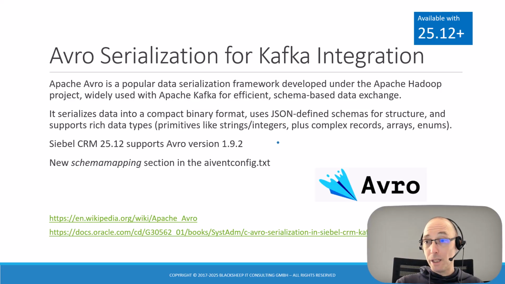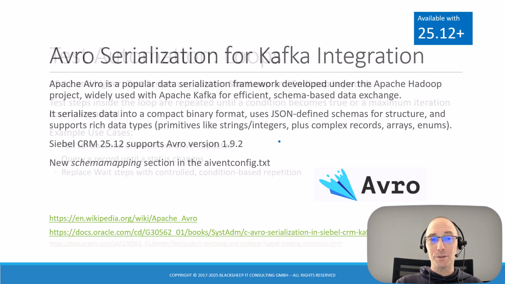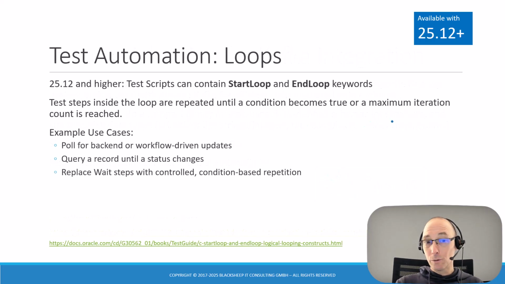And that will also be available soon on siebelhub.com as, of course, an update to the already existing Siebel Kafka Event Pubsub training course. And also our test automation training course will get updated with the loops feature.